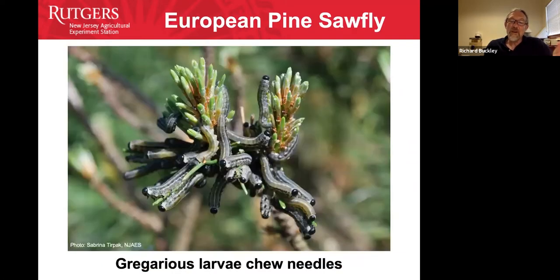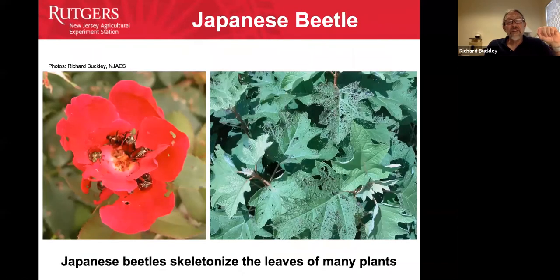And so here we go. Gregarious larvae, they chew everything in sight. Everyone knows gypsy moths, oak worms, some of these sawflies, we eat everything in sight. We have insects that make a symptom called skeletonization, right? You can see how the tissue's chewed between the veins.